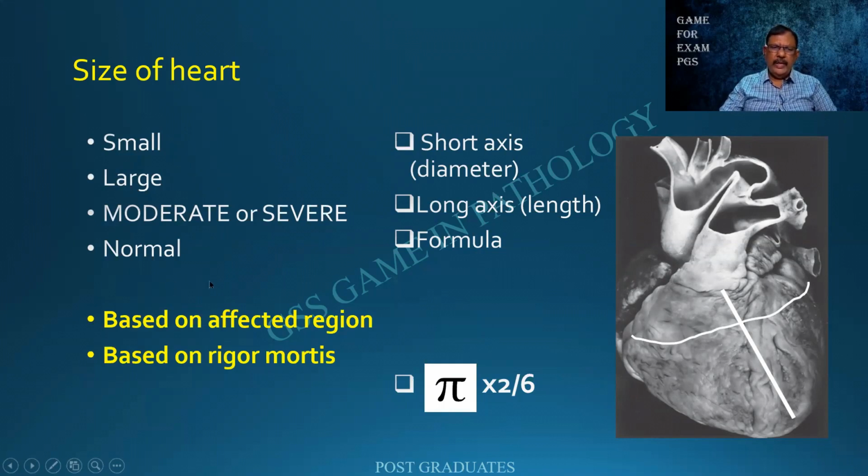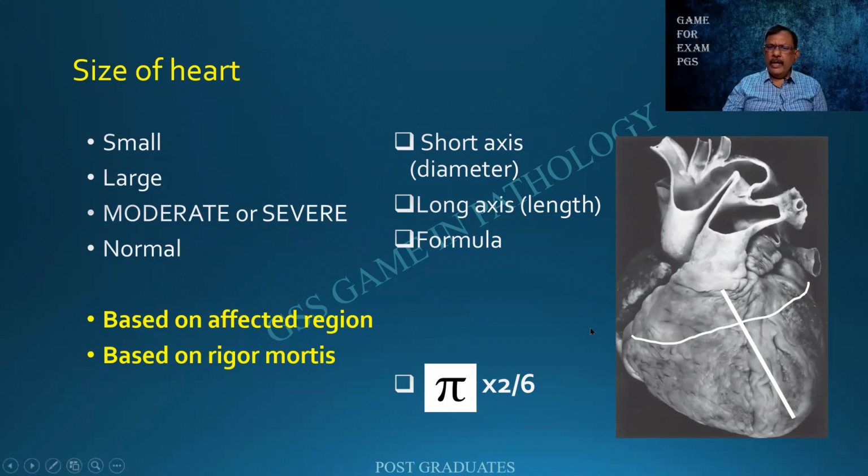This enlargement or decrease will be based on the region that is affected. Also, remember that rigor mortis sets in, which will change the size of the heart. So you should be fluent and deliberate in answering the examiner. On the size of the heart, do not blink at them. It can be normal, it can be large, it can be small, and you continue.